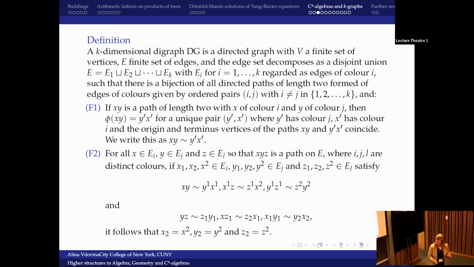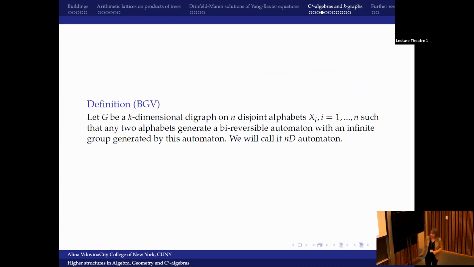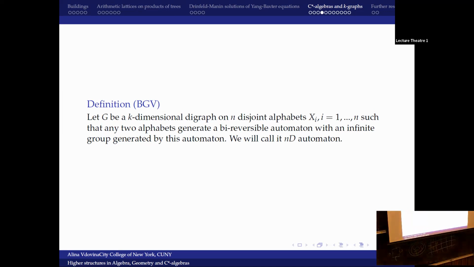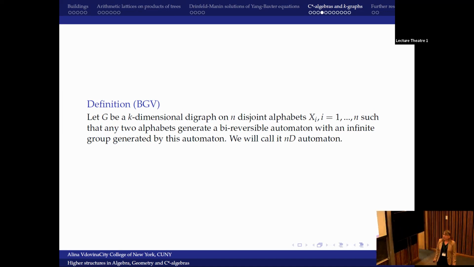Very recently, I came up with a dynamical system connection, and I didn't plan from the very beginning to tell all those details about dynamics.